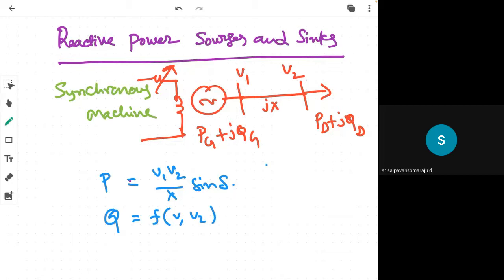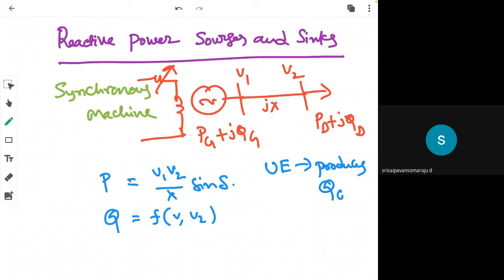So in over excitation mode, it produces reactive power Qg. Hence you can use the generator as a reactive power source. But it has some limitations.